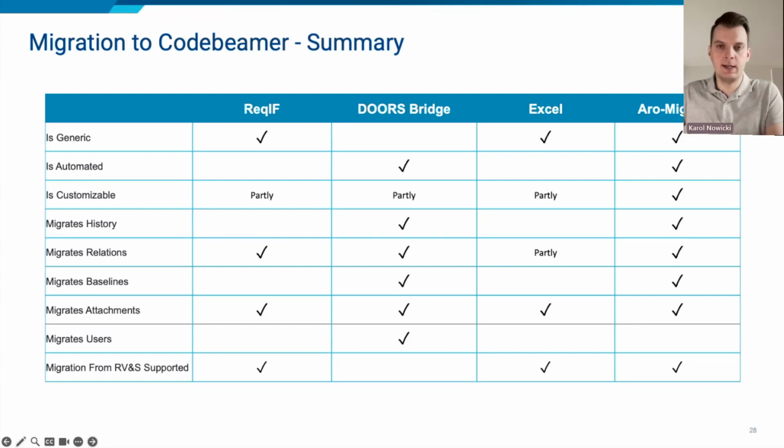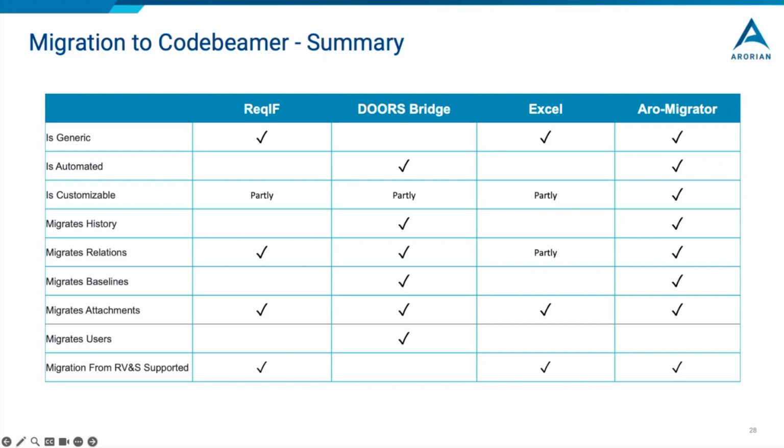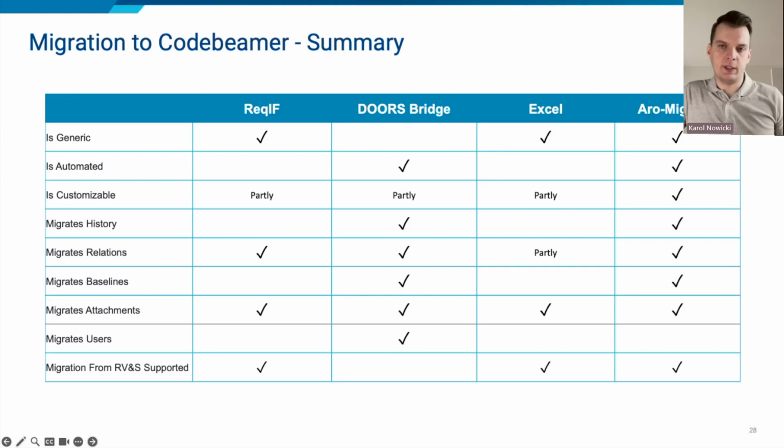DoorBridge, however, is automated, but it's dedicated to only DOORS. And Aro-Migrator is automated, and we can implement connections to various systems, which makes it generic.